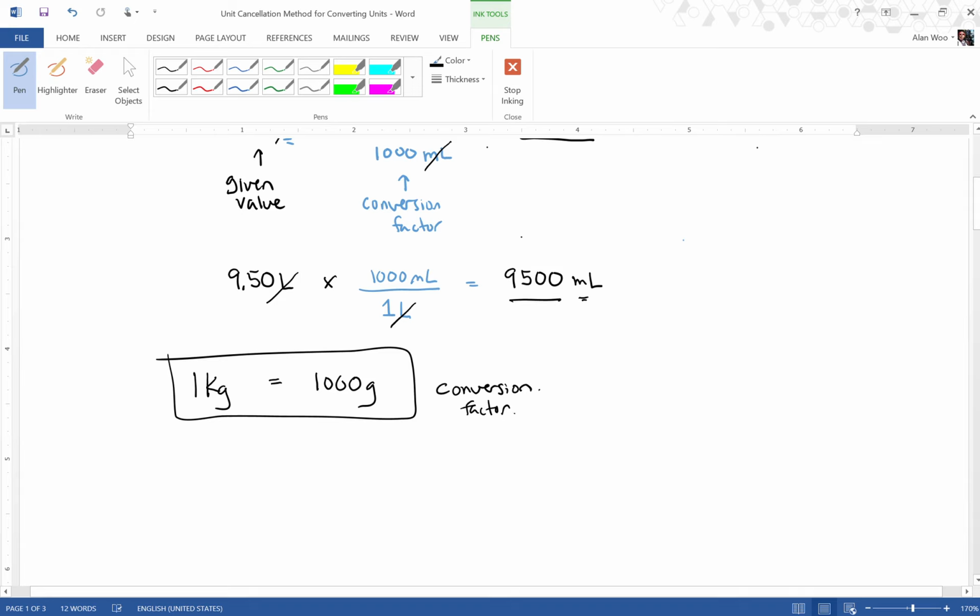For this one, let's say I use something that's in scientific notation: 2.5 times 10 to the power of 2. Let's say this is in kilograms, and I want to convert it to grams. What process would I need to take?